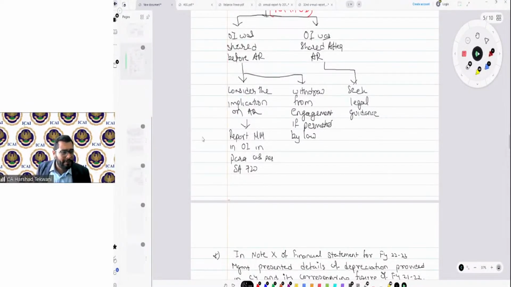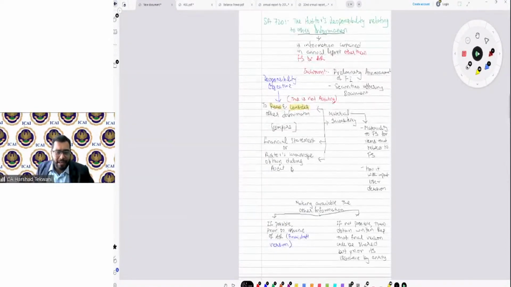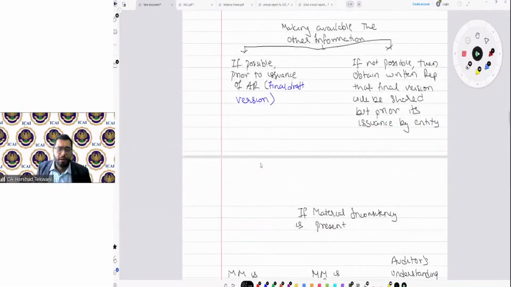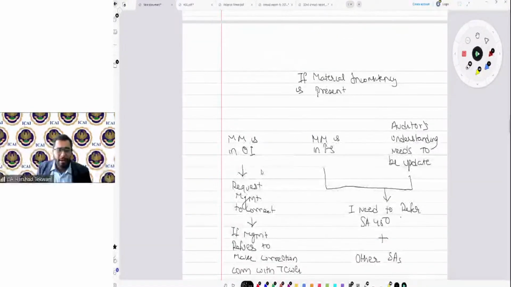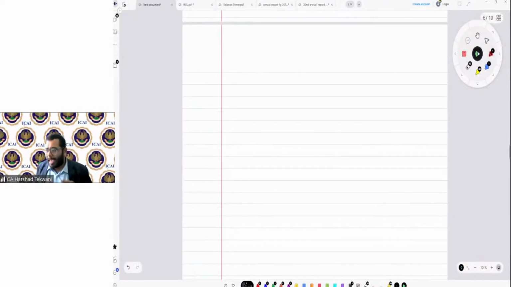Just one more thing with respect to other information. When we read the other information, we compare, and whatever the outcome is, whether materially misstated or not materially misstated, we are required to report as per the other information paragraph, wherein we are required to present some details.